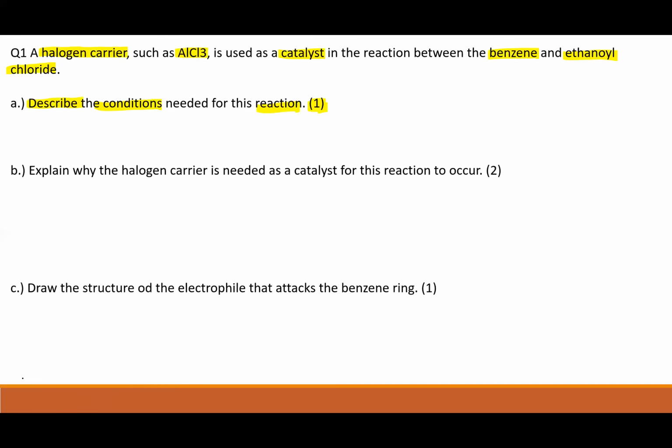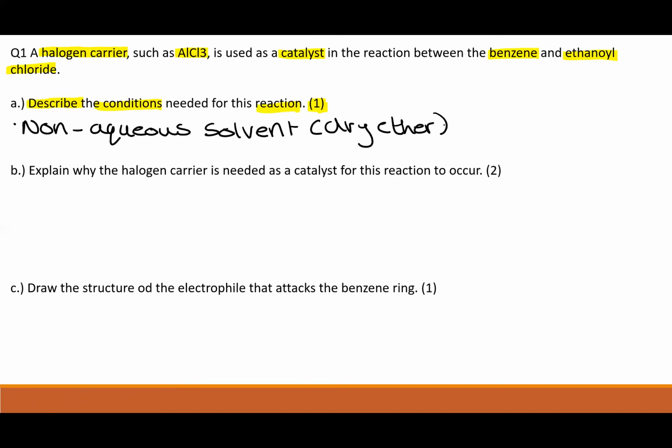The conditions we would need are a non-aqueous solvent, so an example would be dry ether.